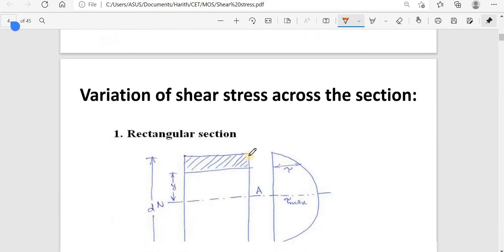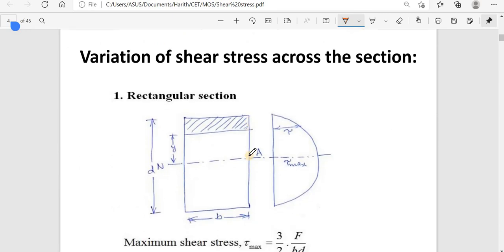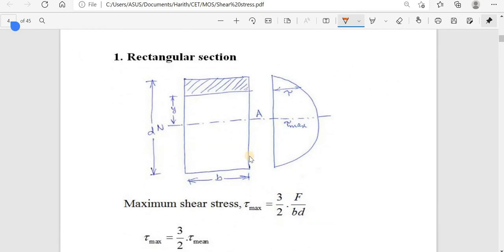Now, the variation of the shear stress is given here. For a rectangular section, the shear stress distribution will be like this. This is a parabolic variation, obtained from this equation only: tau is equal to F into A into y bar by I into B. How do we draw it? I first consider a small section here and find the tau value, then take another section and find the tau value.